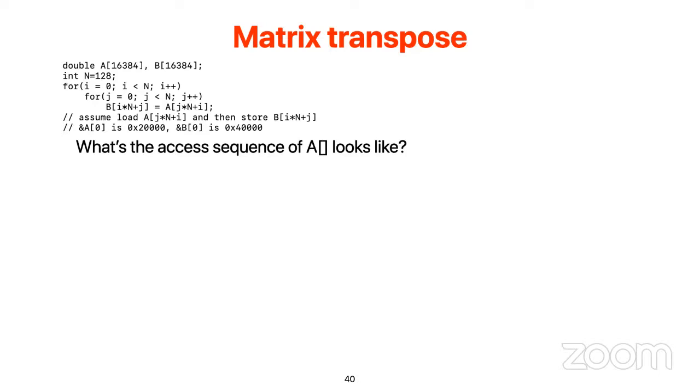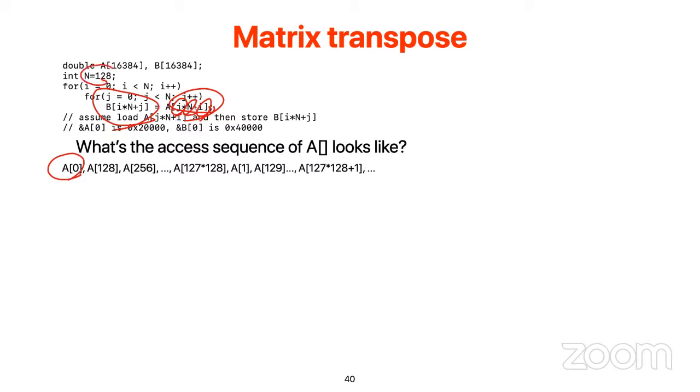If you look at this piece of code, you are going to access A and B. You are definitely going to load A first and store to B, and they are accessed interleavingly. The access sequence of A is determined by j times N plus i. So when j and i are both equal to 0, you are going to access A0. However, because N equals 128, when I increment j, you go to 128 and 256.